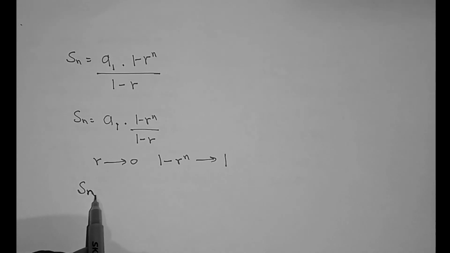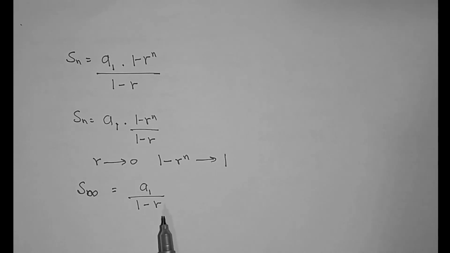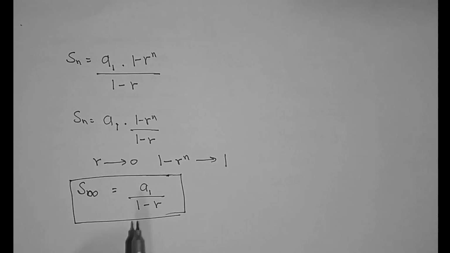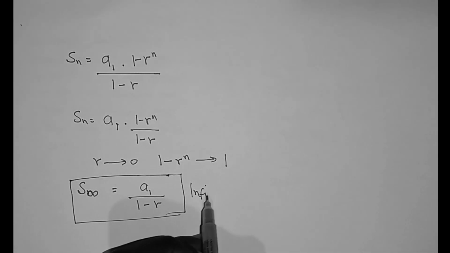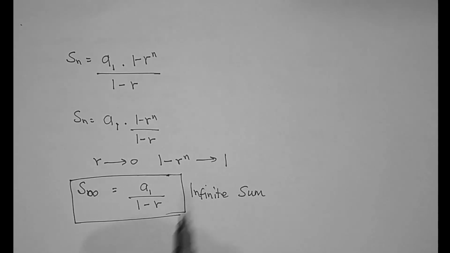So let me change it. Sum to infinity is equal to A1 divided by 1 minus r. So the formula for the infinite sum of a geometric sequence is A1 divided by 1 minus r. So this is the formula for finding the infinite sum or sum to infinity in a geometric sequence.